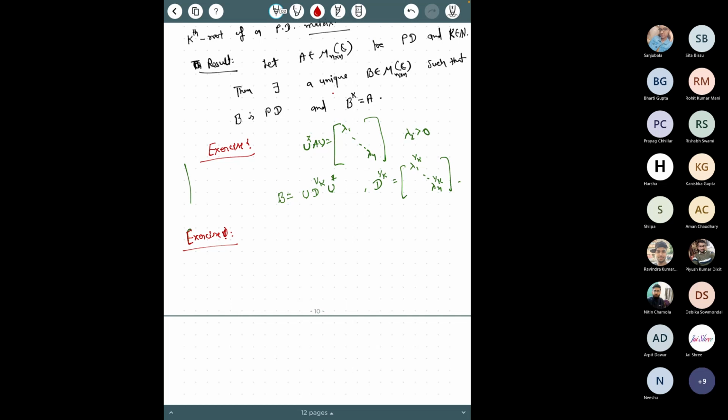So the exercise is, suppose we have an n cross n matrix A. Then A is Hermitian if and only if x star Ax is in R for all x in Cn.